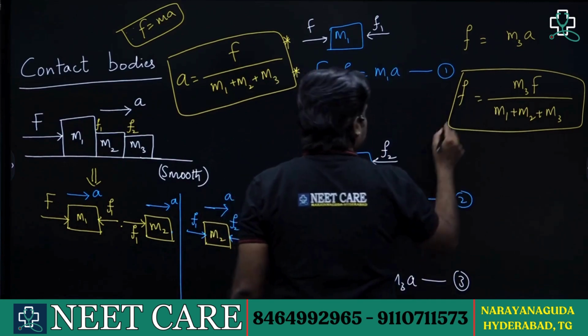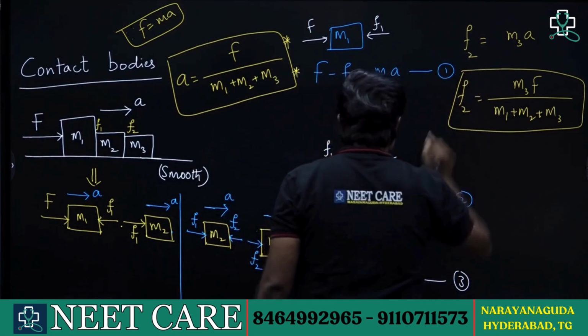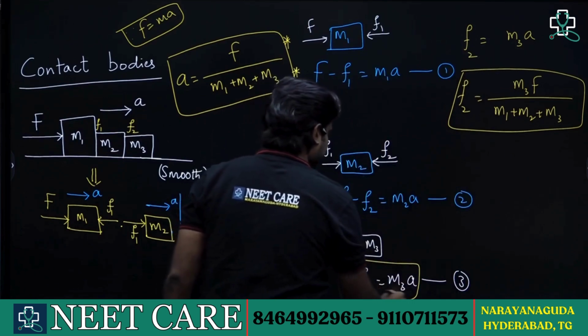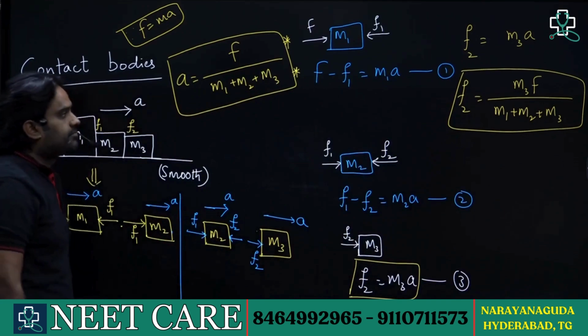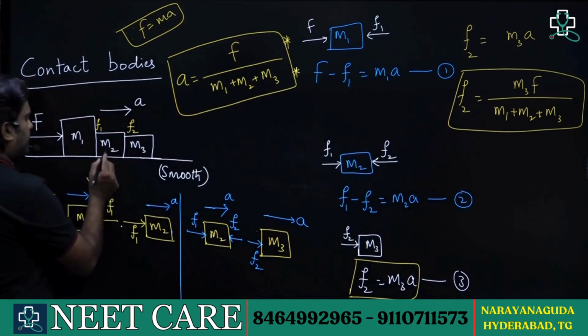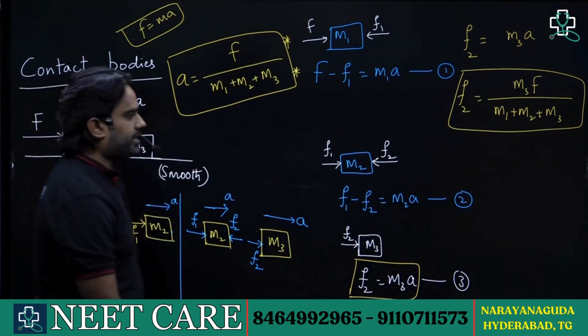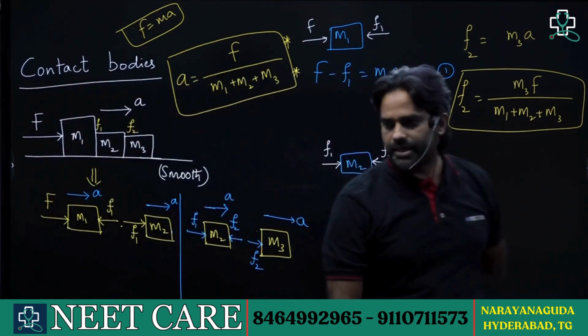So this is the value of F2. F2 is M3A, only replace A with this value so that you will get F2. Therefore, the contact force between M2 and M3 can be written as M3F by M1 plus M2 plus M3.